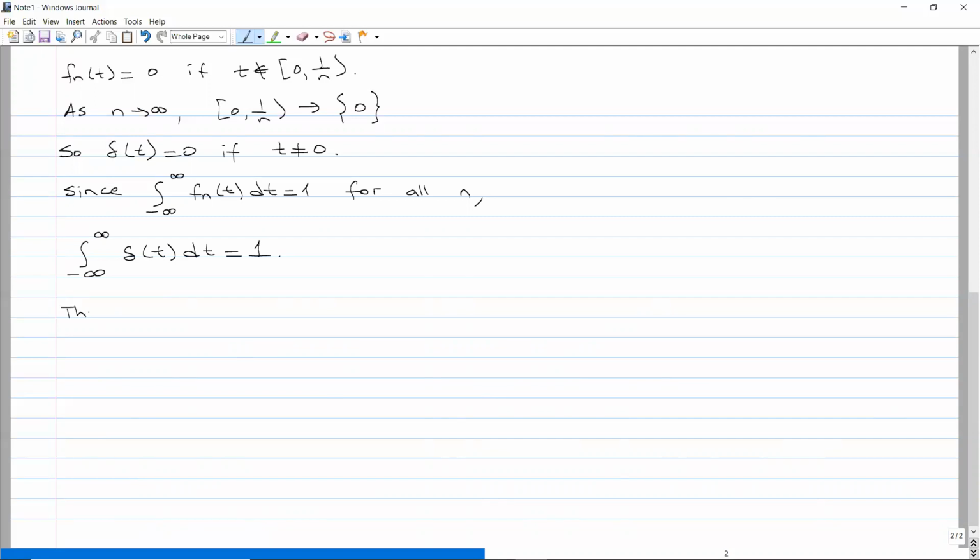So this is not possible for a function. And in fact, this function we call delta is not a function. Delta t is not really a function. It is what we call a generalized function.